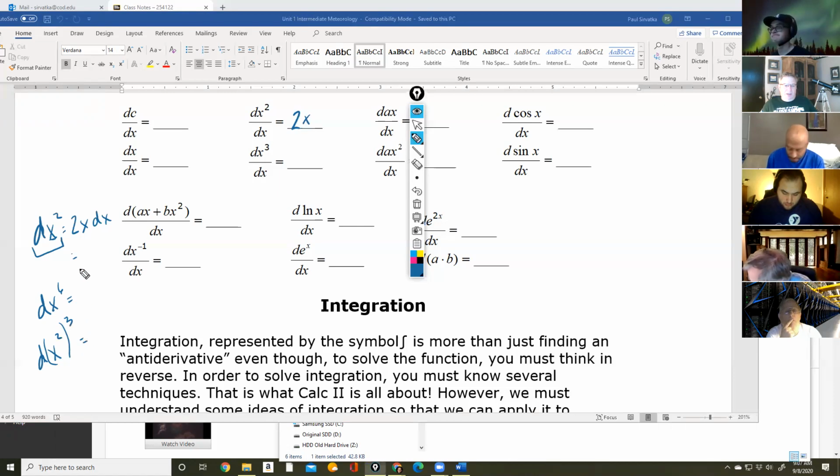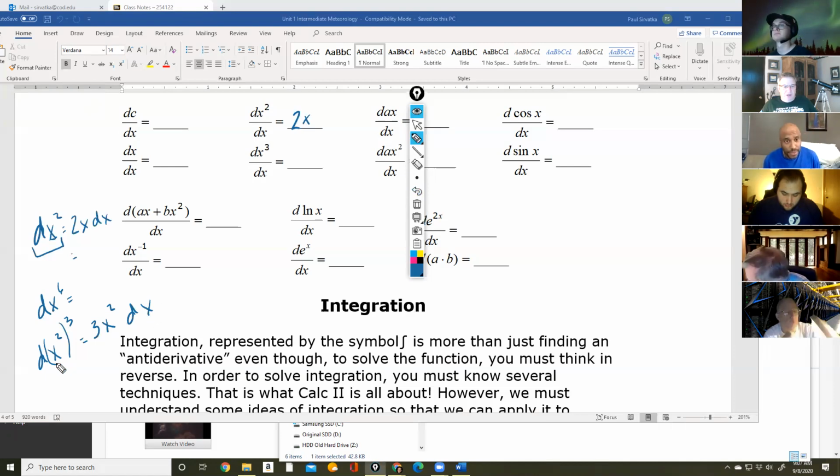Yes. Yep. So we'd say the derivative of this function cubed is 3, that function squared, times the derivative of that function.